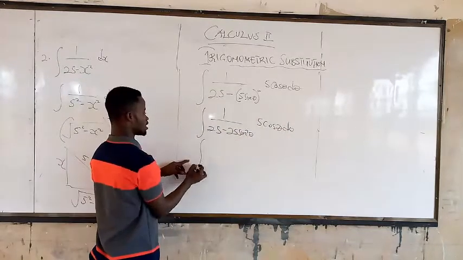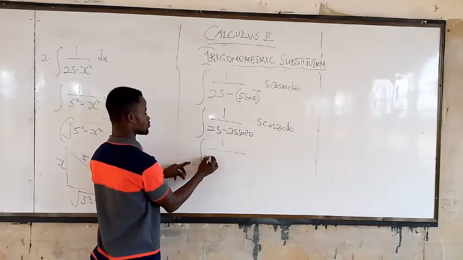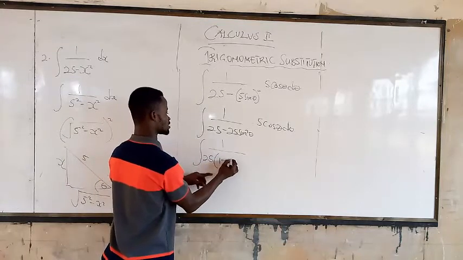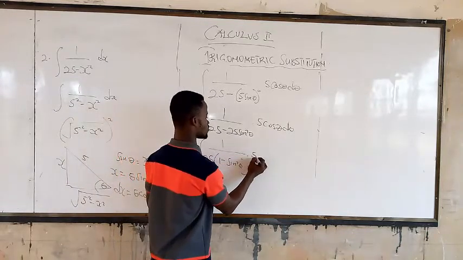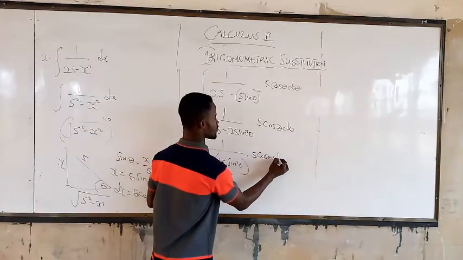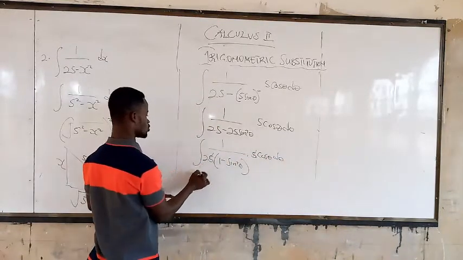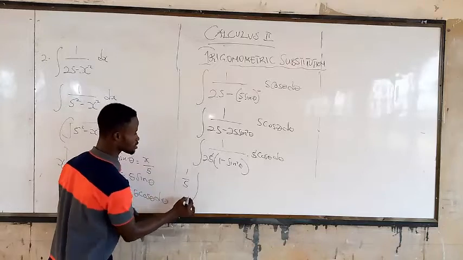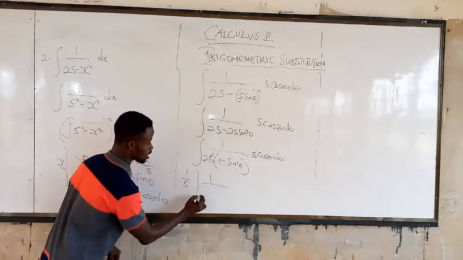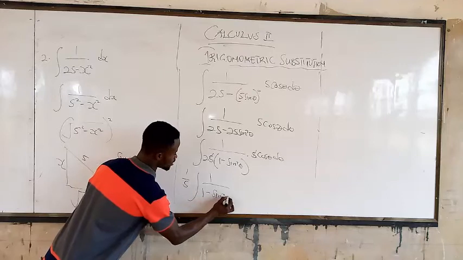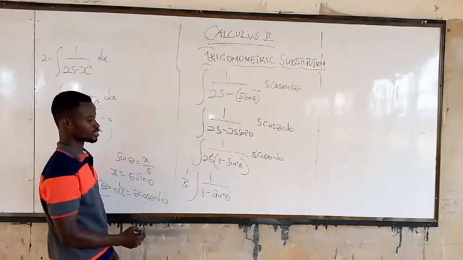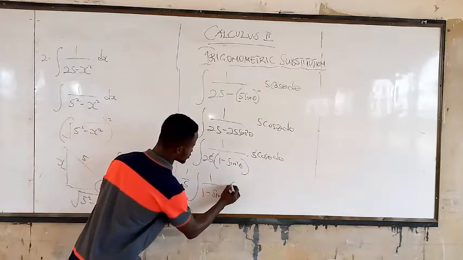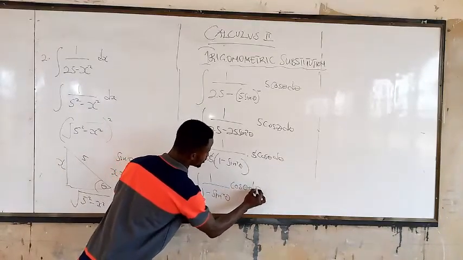And here we can factor 25 out: 1 minus sine squared theta, times 5 cos theta d theta. This goes to 1 over 5 integral of 1 over 1 minus sine squared theta, times cos theta d theta.